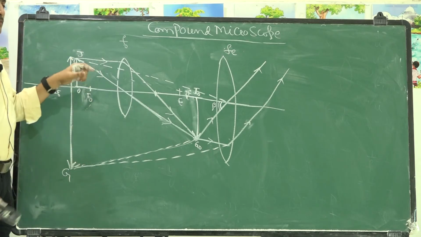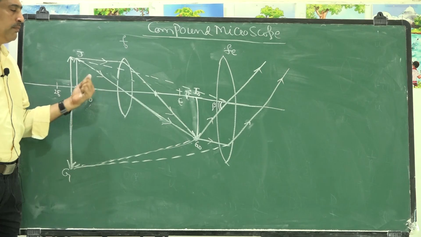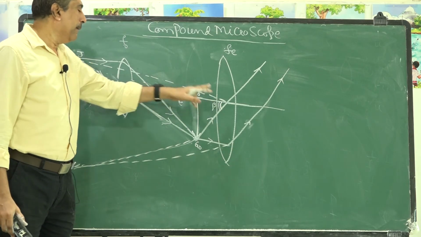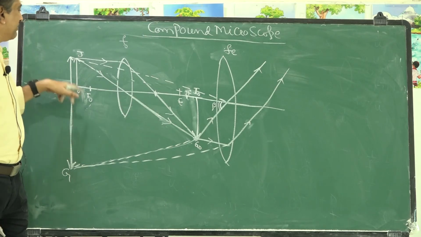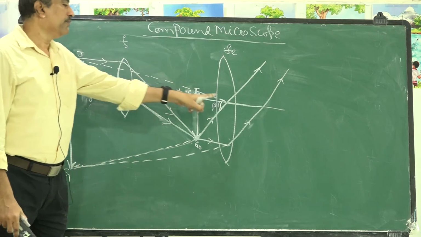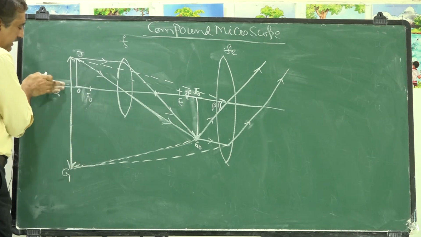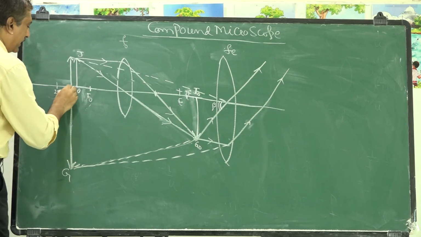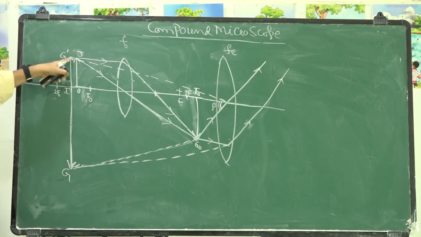Now similarly here also, the magnifying power of the compound microscope is the ratio of the angle subtended at the eye by the image at the least distance of distinct vision to the angle subtended by the object when placed at the same position at the eye. That means if we consider the same object at this position, suppose we assume that this is IG dash, the same position IG dash.